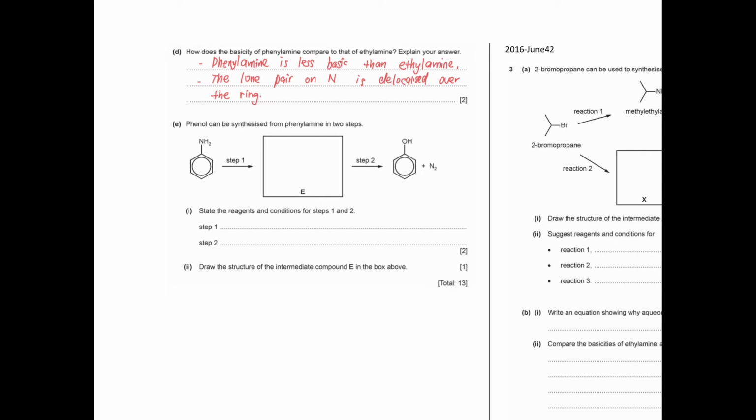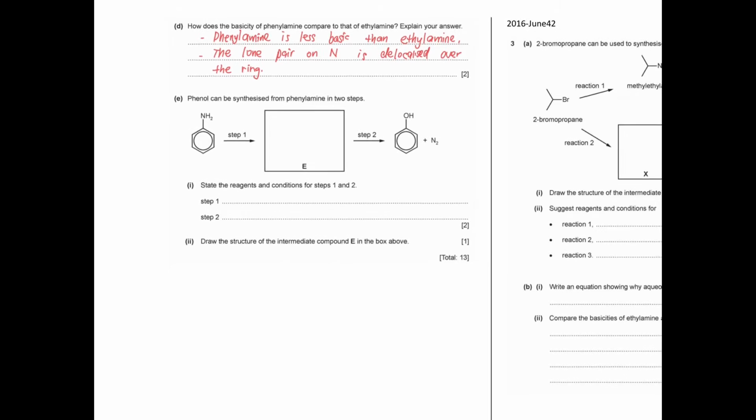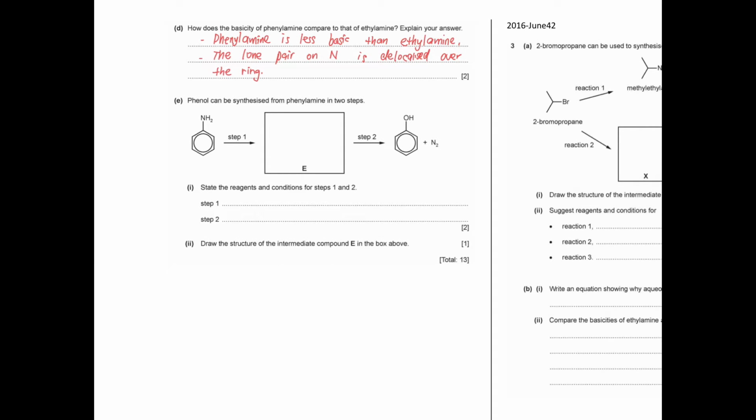Okay, so now let's see the next one. Phenol can be synthesized from phenylamines in 2 steps. Okay, so phenylamines, step 1, you have to change it to something, and then step 2, you get phenol plus nitrogen, N2. So when you see this N2, I hope you remember something that we learned before.